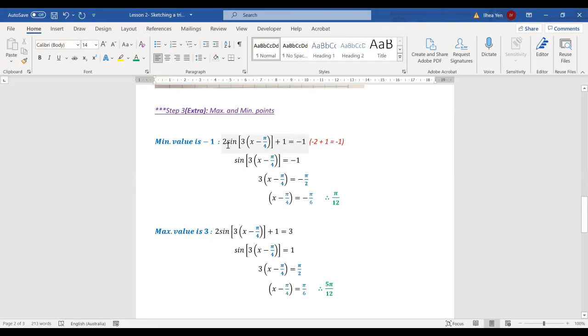So I'm going to make y value equals -1 for minimum, and I'm going to make y value equals 3 for a maximum. So to get this, I know that sine has to be -1. If I can get this value as a -1, I've got 2 times -1 plus 1 is -1.